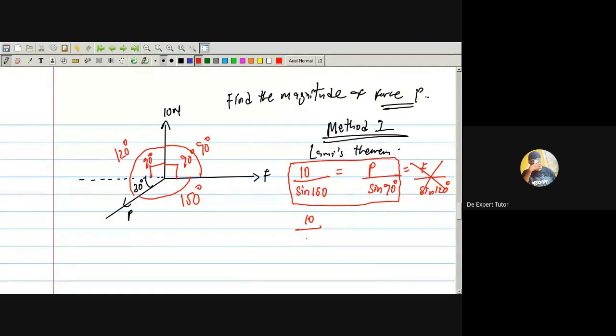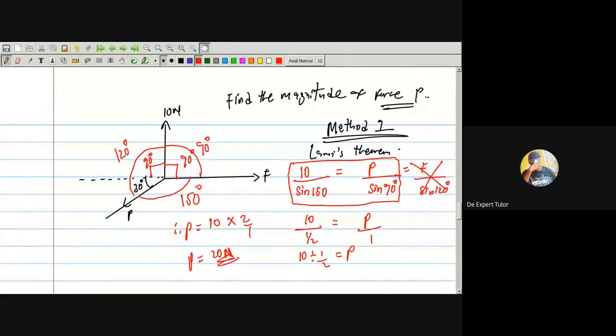Sine 150 will give me half, that's 0.5, equal to P over sine 90, which is 1. If I divide anything by half, like 10 divided by 1 over 2 equal to P, then remember primary school, when division changes to multiplication I swap this to become 2 over 1. So my P is equal to 20 Newton. That is Lamy's theorem.